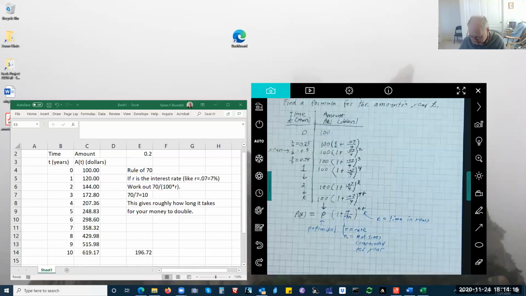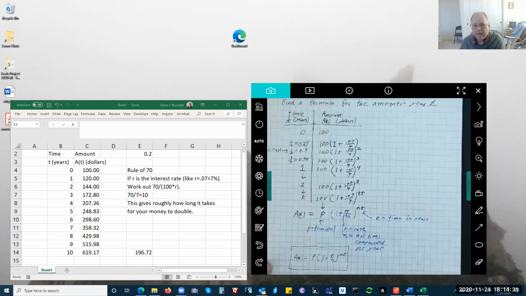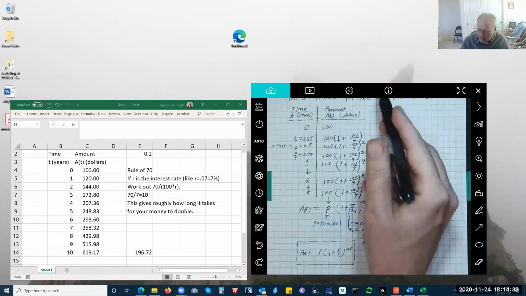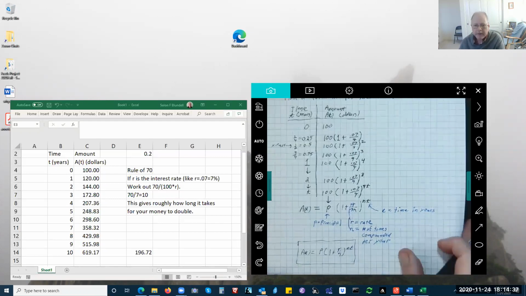Okay, so you need to remember the amount is P, 1 plus R over N to the NT. And so if I said it was compounded monthly, the N would be 12. Right?